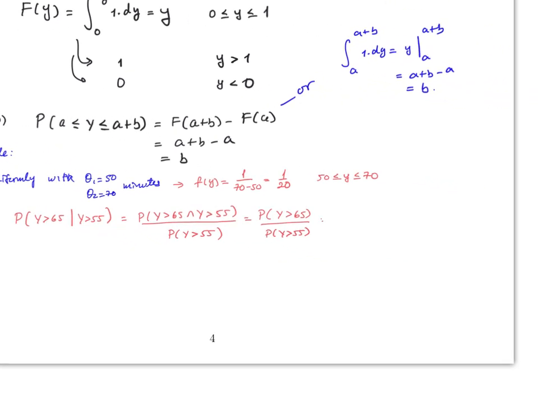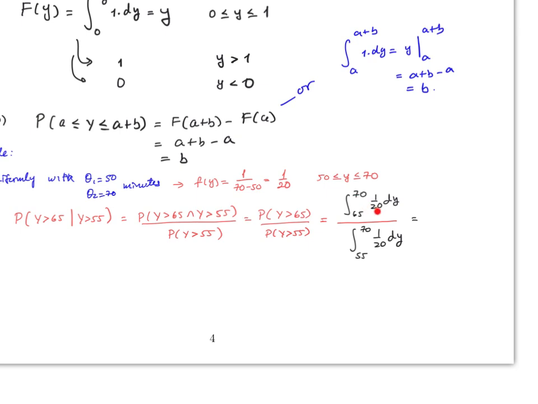So then we use the definition of the density functions. In this particular case, this will be the integral from 65 to 70 of 1 over 20 dy, and this will be the integral from 55 to 70 of 1 over 20 dy, which, notice that the integral of 1 over 20 is y over 20.